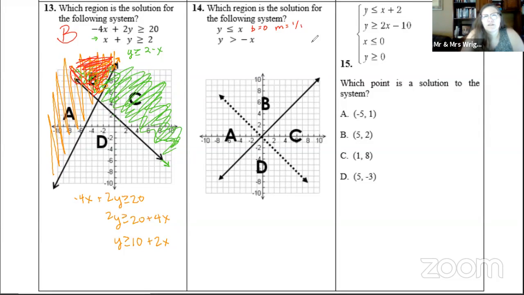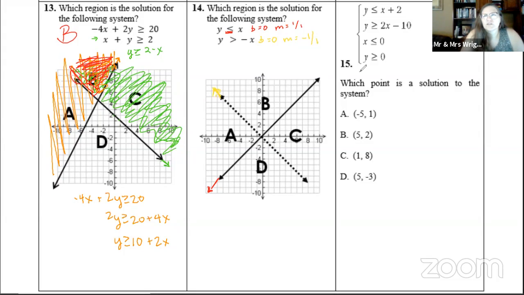In this case, b is still 0 and m is -1 over 1. So the red one is the one with the positive slope and the solid line. And my yellow equation is the one with the negative slope. If you notice, there's no equal sign under there, so it's the one with the dashed line.